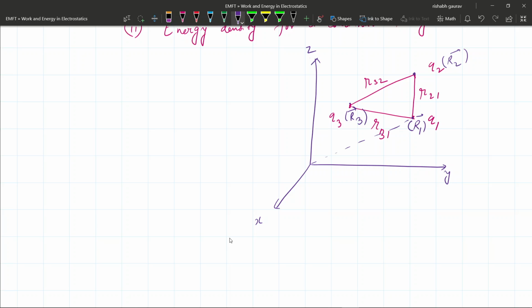Let's say this is R1. Similarly, this is R3 and this is R2.